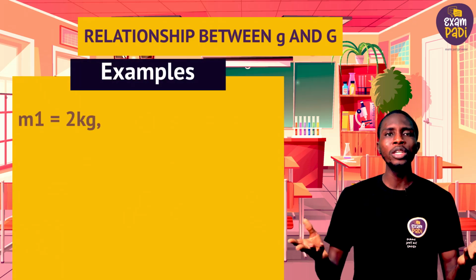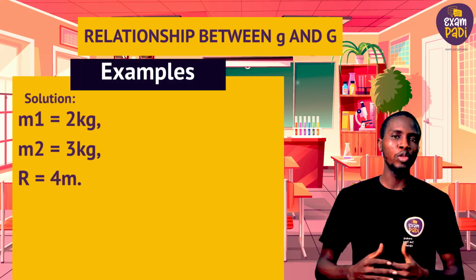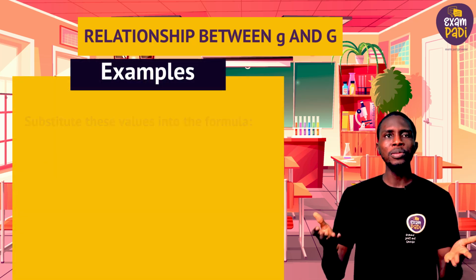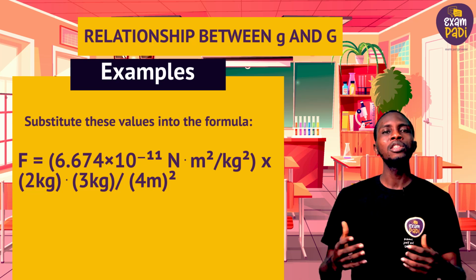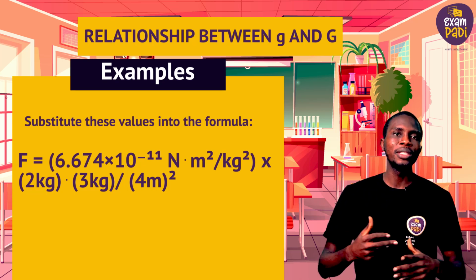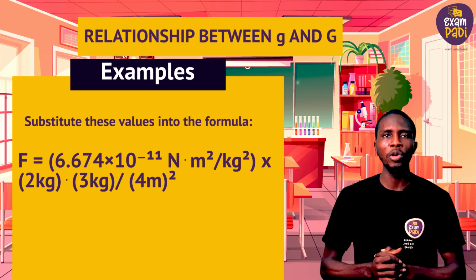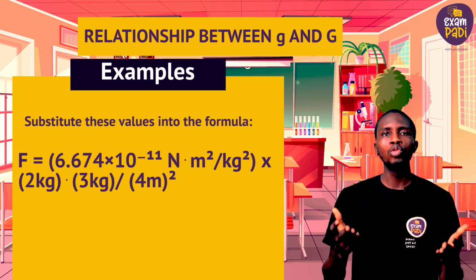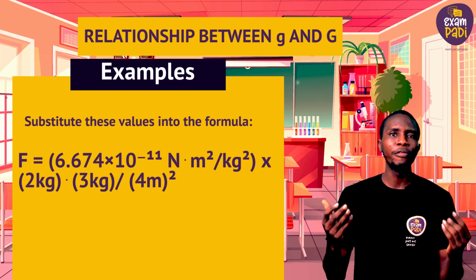Given that m1 equals 2 kg, m2 equals 3 kg, and r equals 4 meters, substitute these values into the formula. F equals 6.674 times 10 to the power minus 11 Newton meter squared per kilogram squared, multiplied by 2 kg multiplied by 3 kg divided by 4 meters squared.